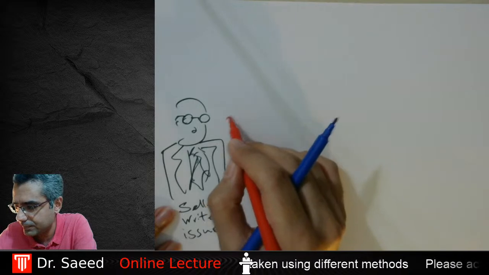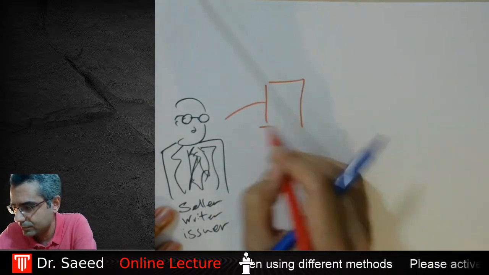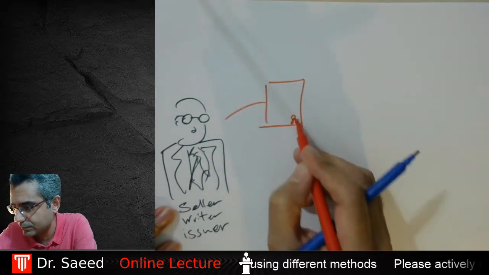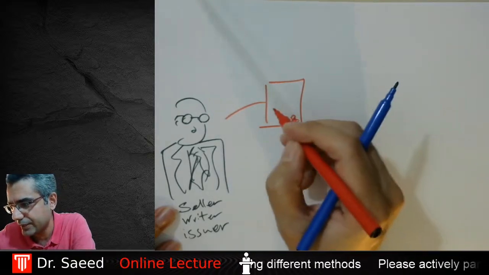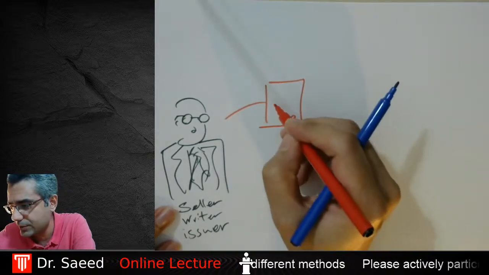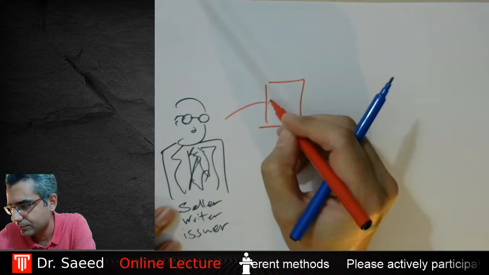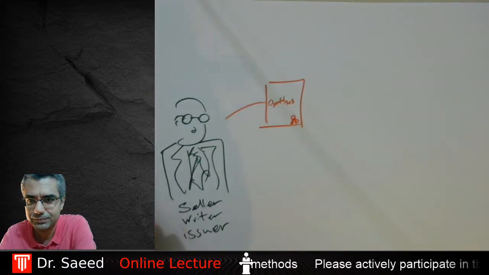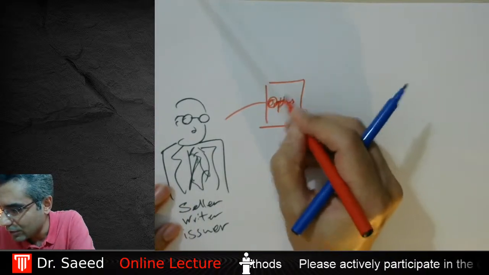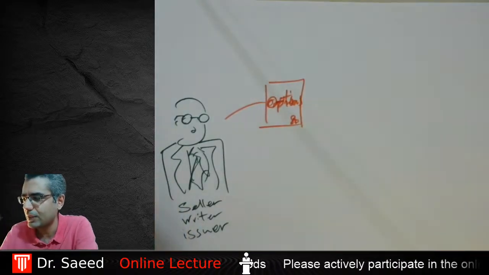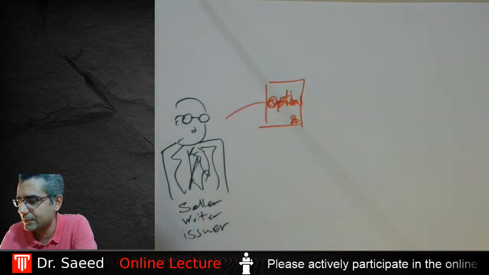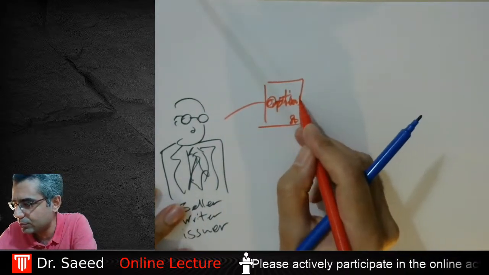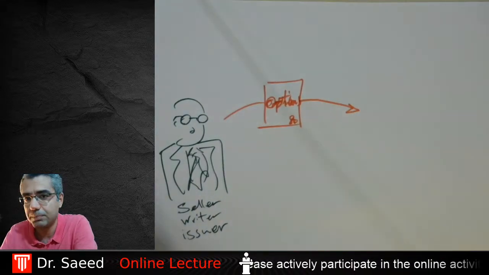So there is a contract which is called options, and this contract will be sold to the buyer.